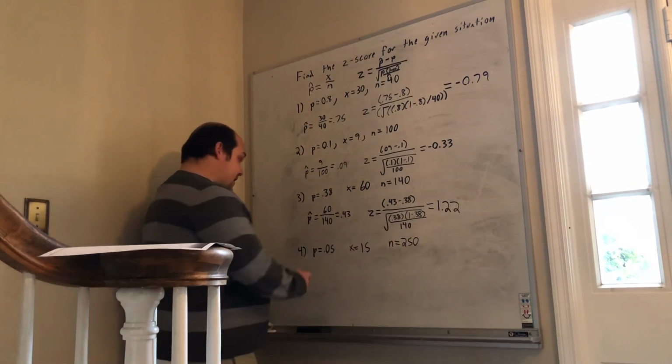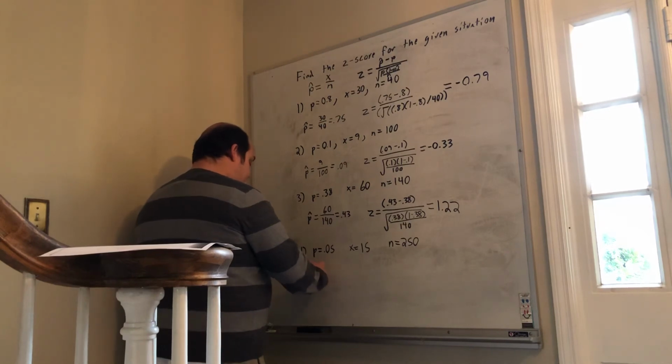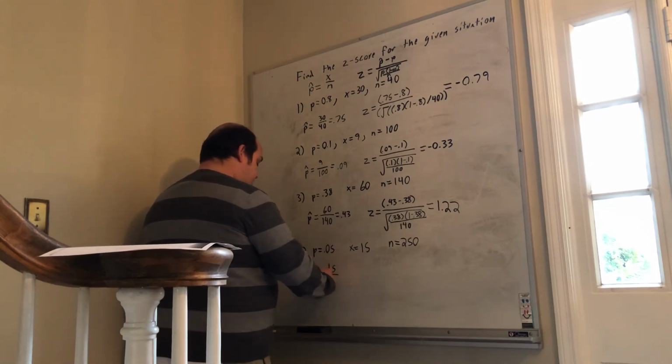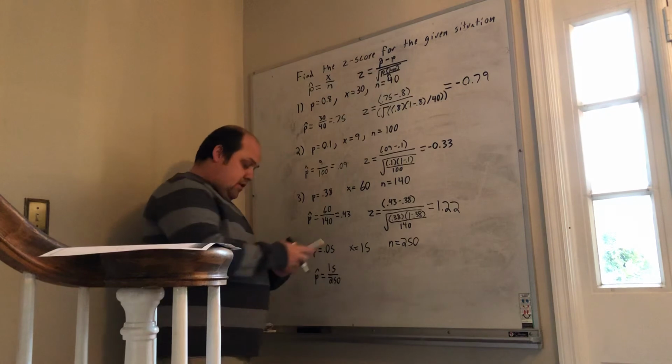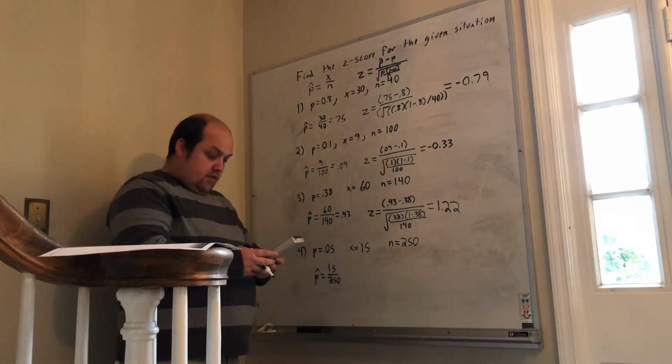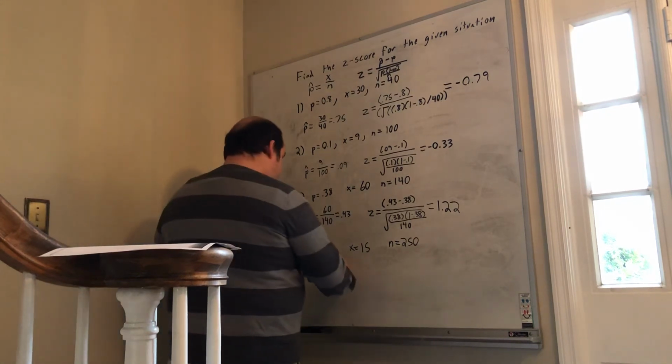Final problem in this section. Again, start out with p hat, 15 out of 250. If I do 15 divided by 250, it tells me 0.06.